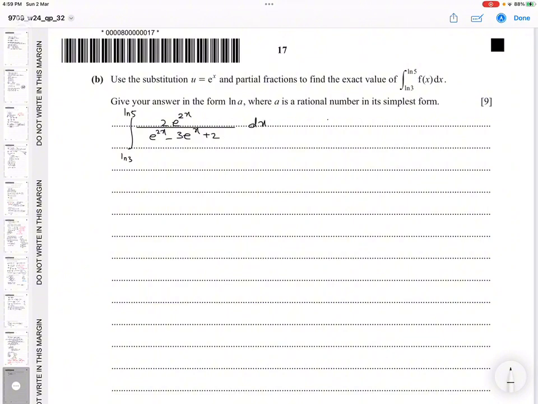Now u equals e^x, so differentiate this first. So du/dx equals e^x. Now make du the subject here. So I can write du equals e^x dx.